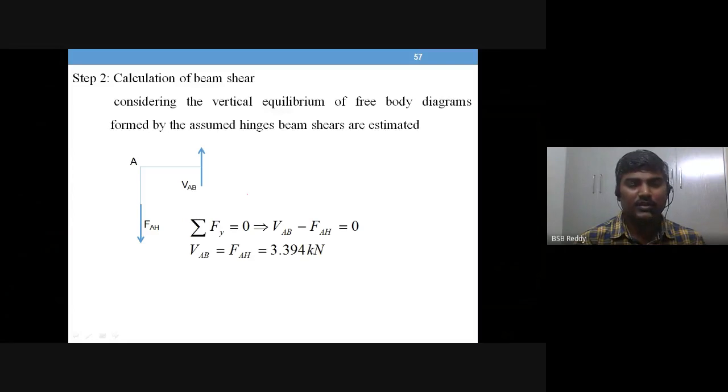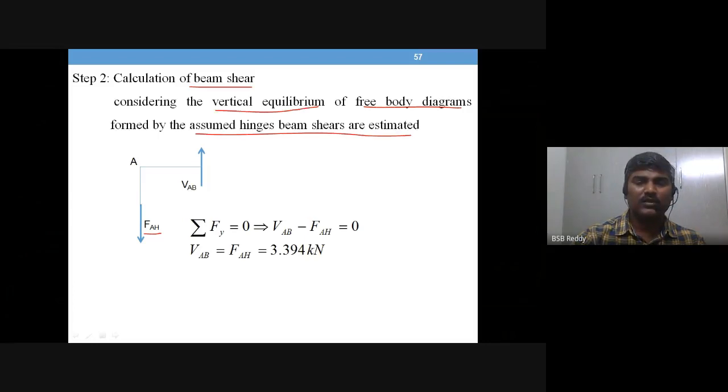From joint A, the portion separated by the hinges, the assumed hinges, is taken. So you know this value already. FAH is already solved from step one. Now you are in step 2 to calculate beam shear, taking those free body diagrams by assumed hinges.